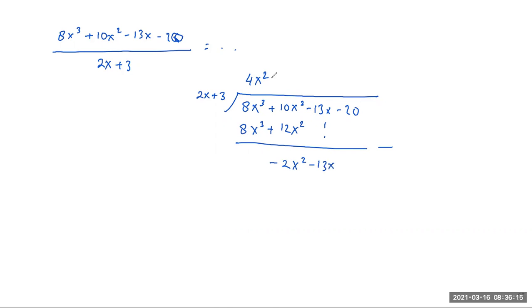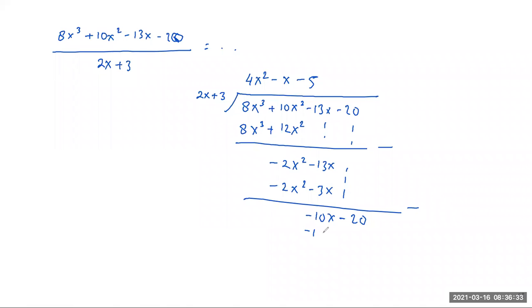And then the next one, I need to multiply by negative x. So it becomes negative 2x squared minus 3x. When I subtract, it becomes negative 10x. And then this one drops negative 20. So it will be negative 5, negative 10x minus 15. If I subtract, it becomes negative 5. So we have a remainder.